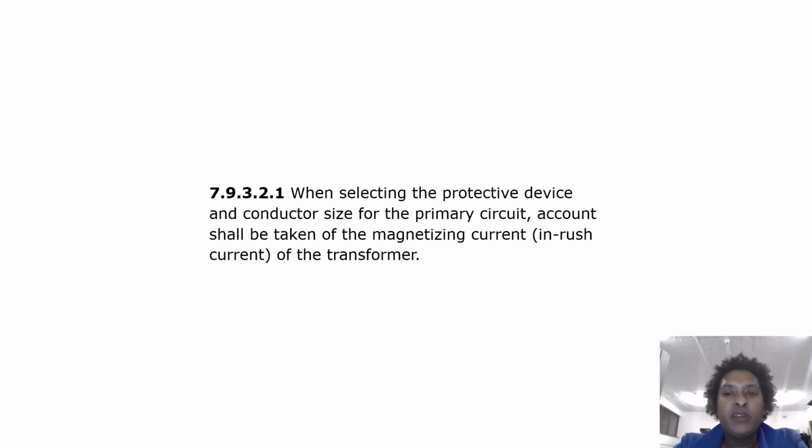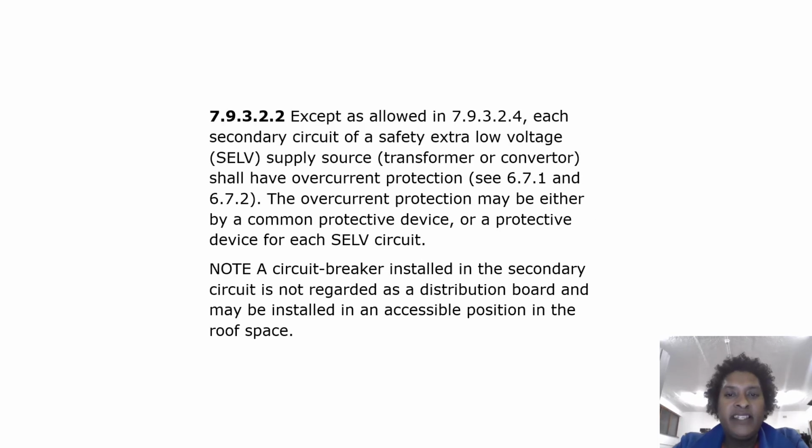Protection against overcurrent. When selecting the protective device and conductor size for the primary circuit, account shall be taken of the magnetizing current, inrush current of the transformer. Except as allowed in 7.9.3.2.4, each secondary circuit of safety extra low voltage supply source, transformer or converter shall have overcurrent protection.